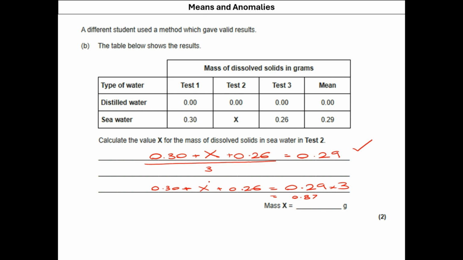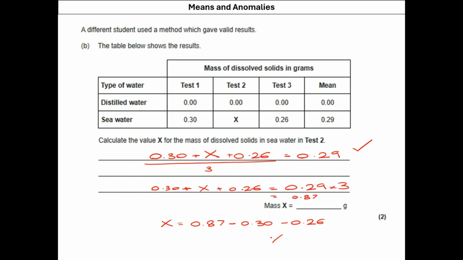Now I still need to get x on its own. At the moment, x is plus 0.26 and plus 0.3. So I need to take them away, but I do the same to both sides. So I'm going to end up with x equals 0.87, take away 0.3, take away 0.26.